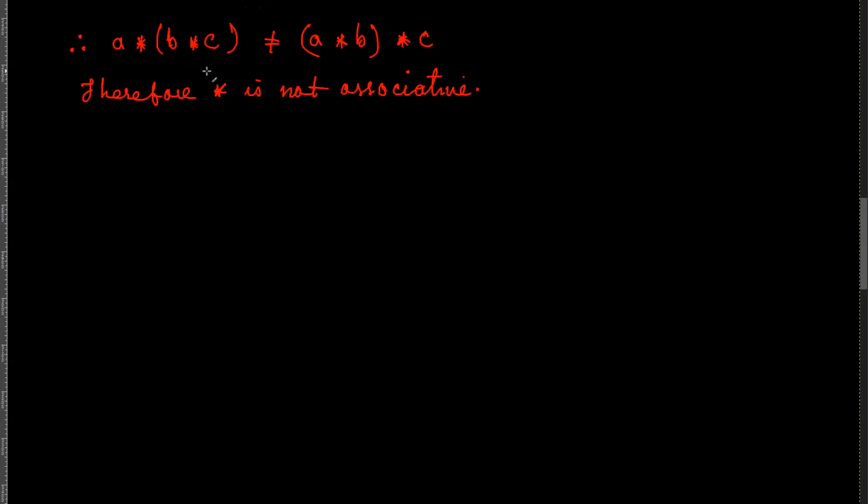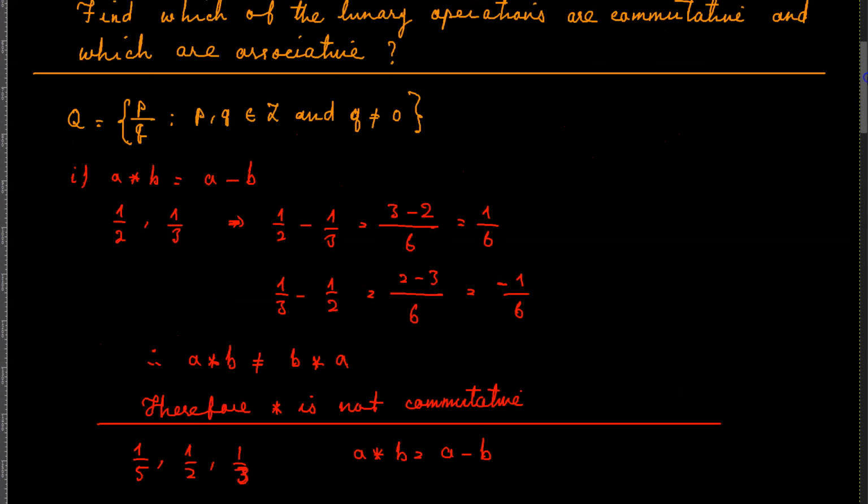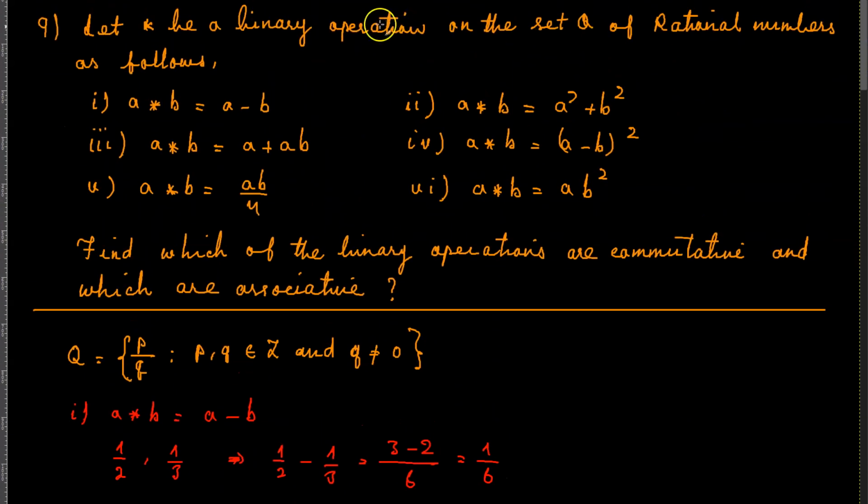Okay, so part 2 of this question. Now we have star is a binary operation on the set Q of rational numbers, and we have A star B is equal to A squared plus B squared. We want to know whether star is commutative or also associative.